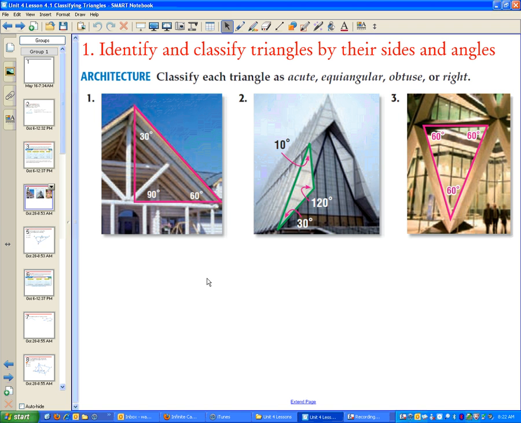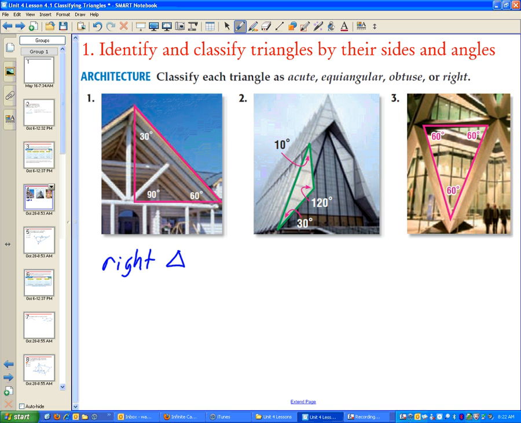With me? All right. Let's do some from your assignment. This would be on page 238. We're going to classify each triangle as acute, equiangular, obtuse, or right. So number one here, I see 30 degrees, 60 degrees, and 90 degrees. So this triangle would be a right triangle.